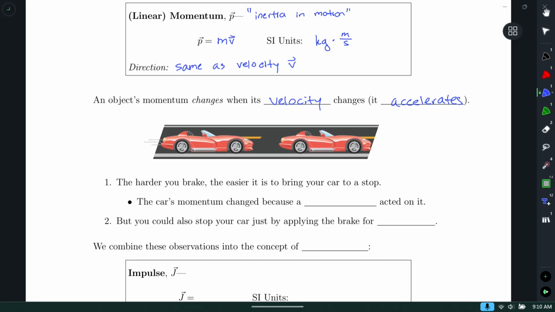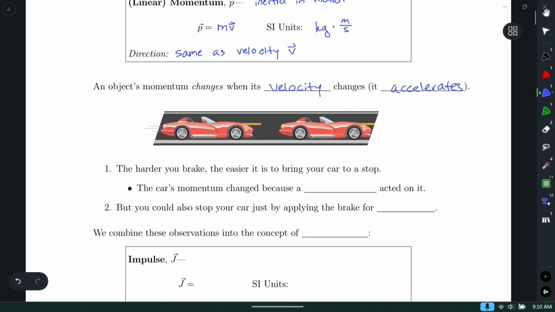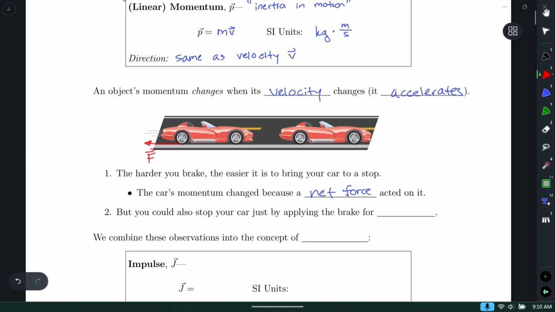Slowing it down. By doing what? Applying what? Opposite force. Yeah, and so we'll just keep it generic and say some net force, from all forces acting on it, the overall effect of them, that could change the momentum. But for some car speeding towards you, that would likely be it braking, or hitting you is another option, but hopefully it braking.